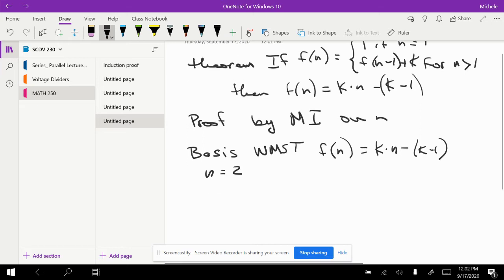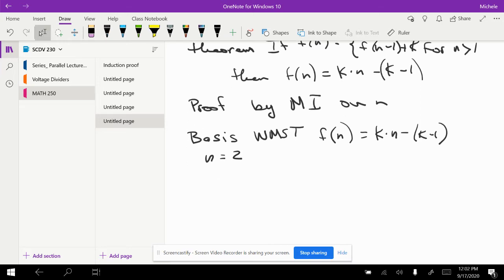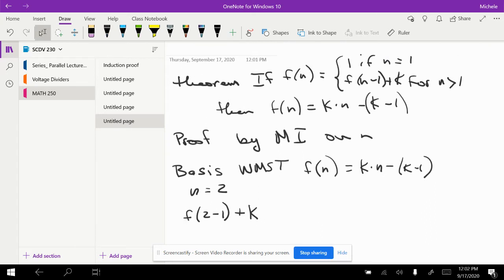Okay, so let's try that. So we're going to say for n equals 2, then f of 2 minus 1 plus k. So we're taking this piece right here.